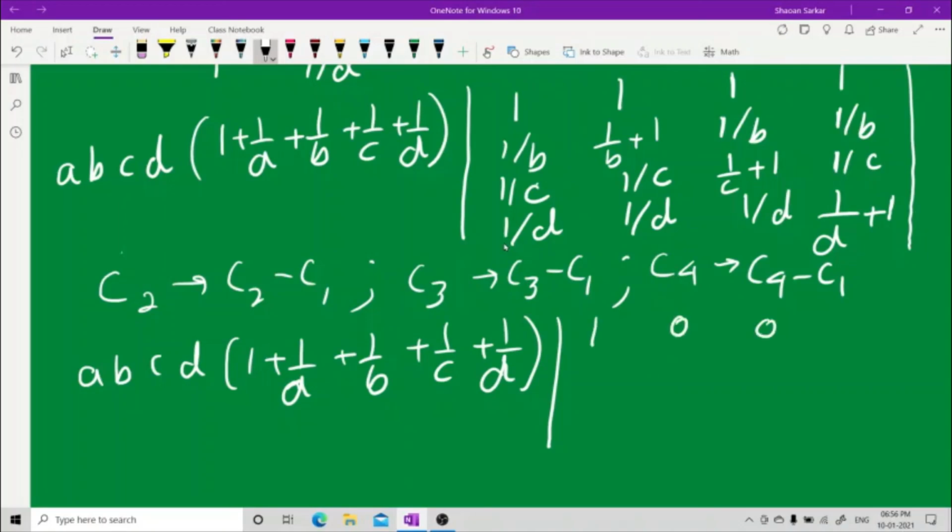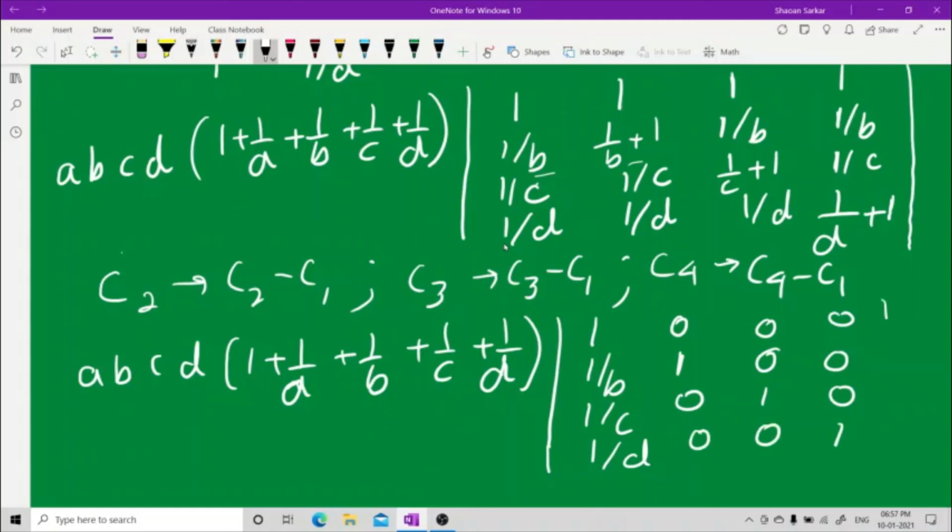So 1 by B minus this, you will have 1 here, 0, 0 here. So you will have 1 upon C, this will be 0, 1, 0, and 1 upon D, this will be 0, 0, 1.